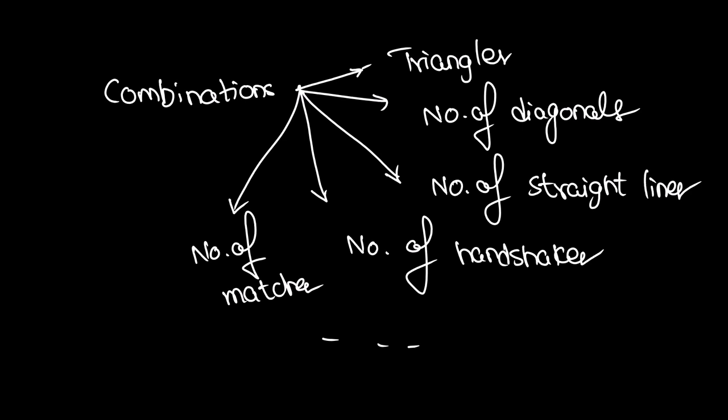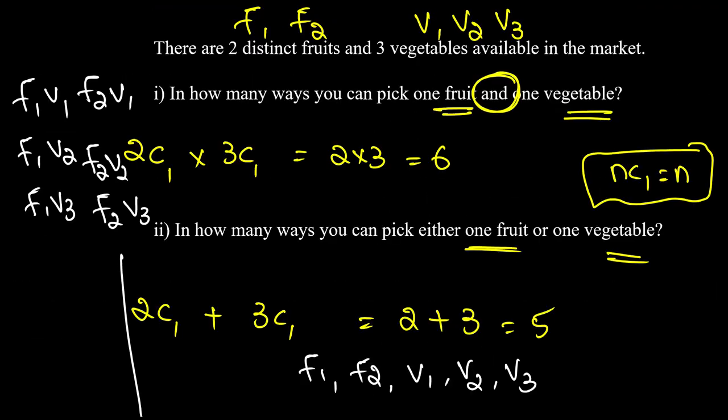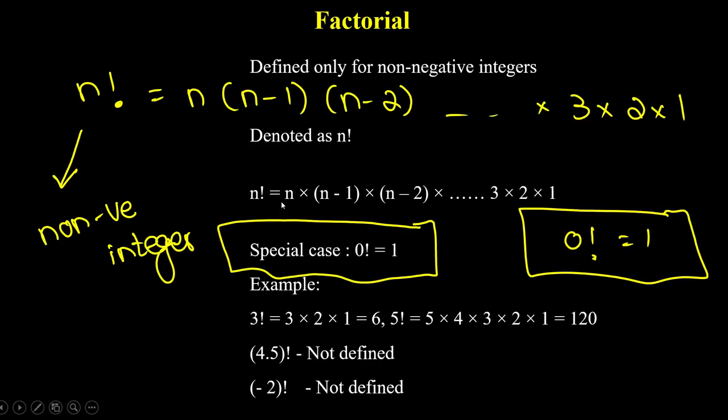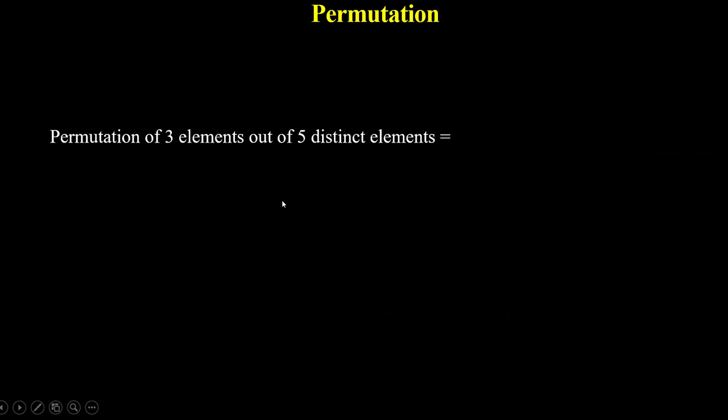If you understand that, then you will get some clarity regarding selection and arrangement. It is actually selection and arrangement, not plus, because plus you may wrongly interpret. Now, see this basic example. From this, we'll develop the formula.